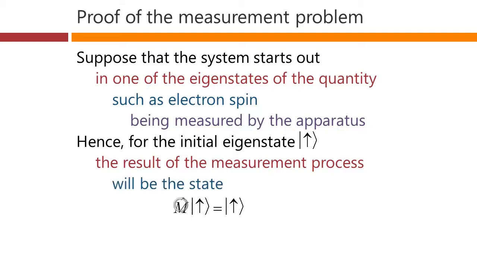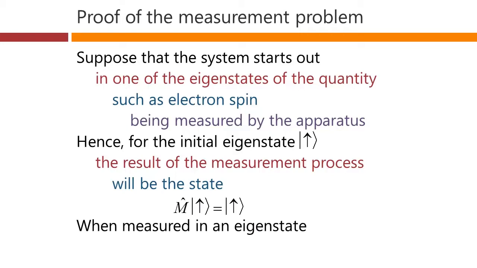That is, the measurement apparatus described by this quantum mechanical operator here, because the measurement apparatus is presumably quantum mechanical, operating on the spin up, should give us spin up. That's the result we want from our measurement apparatus when it's measuring a state that is spin up. When measured in an eigenstate, the system, therefore, should stay in that eigenstate when we perform the measurement.